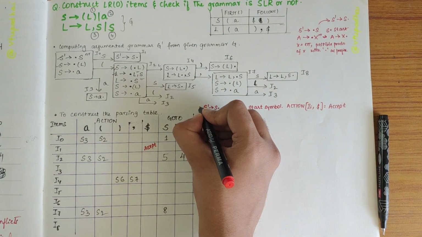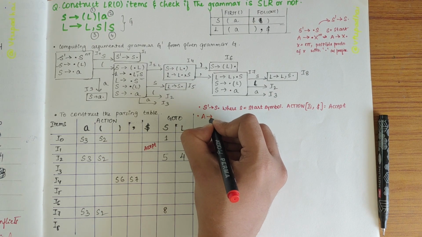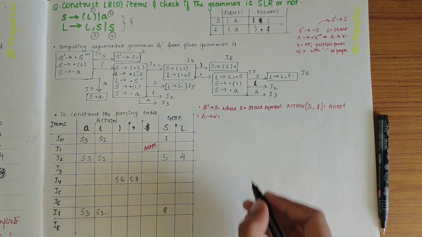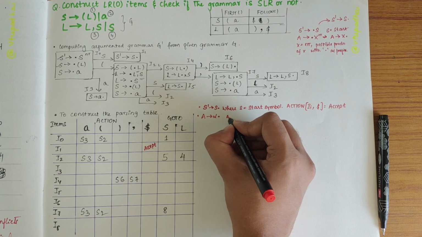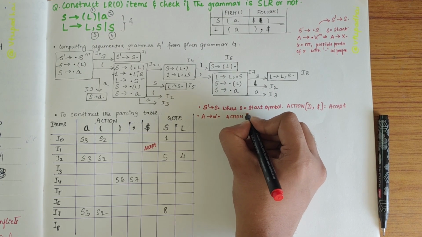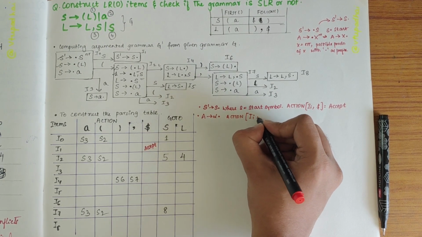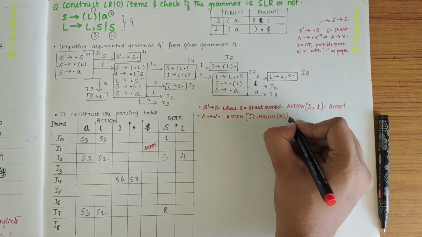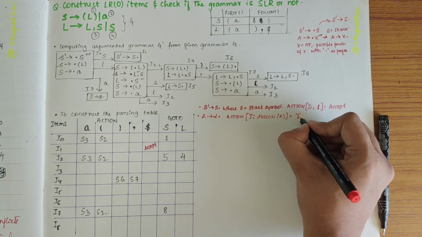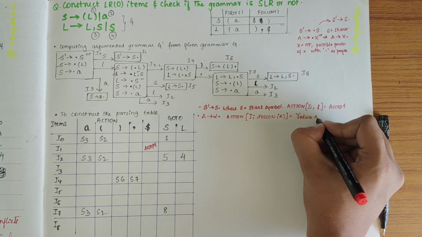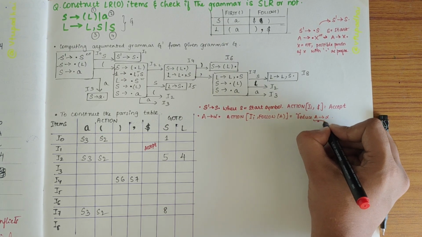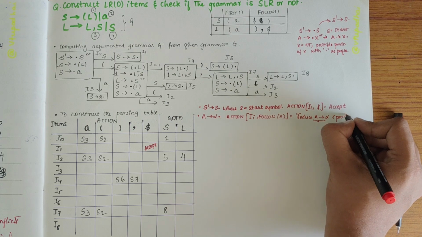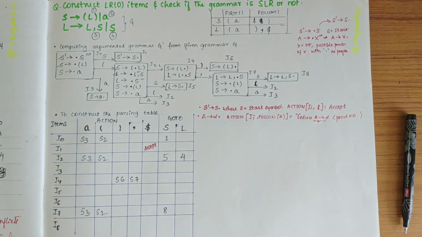Now I need to remember that if there's any production of the form A derives alpha dot, then in the place of action, I can write I comma follow of A is equal to reduce of A derives alpha. So here I should write the production number from the grammar.